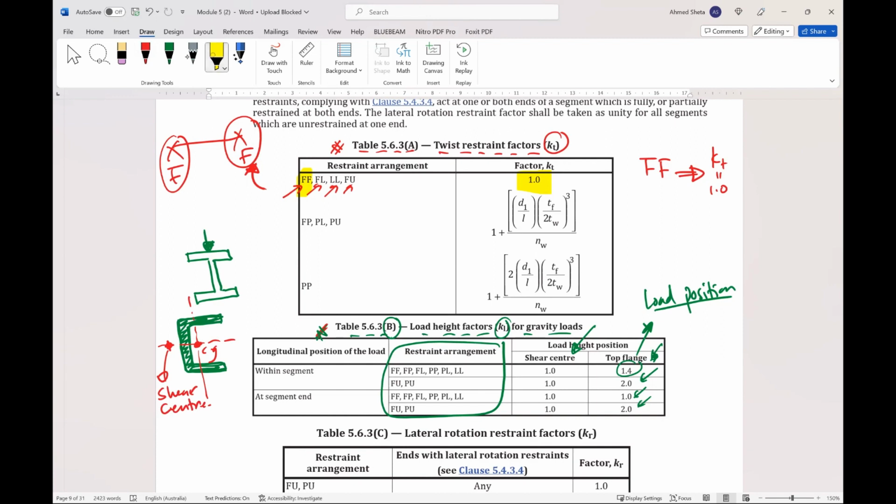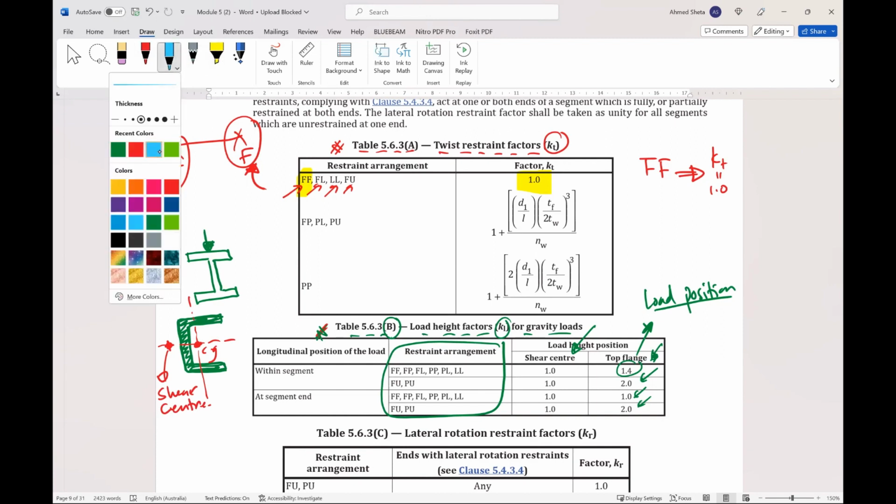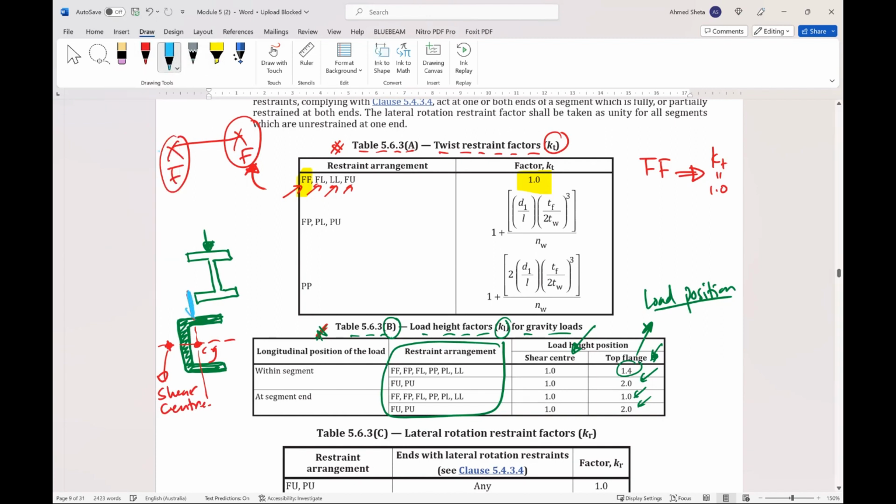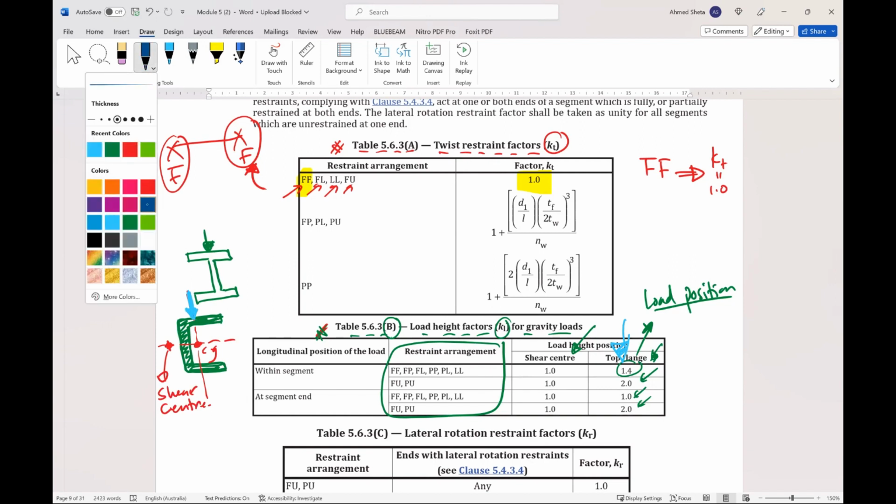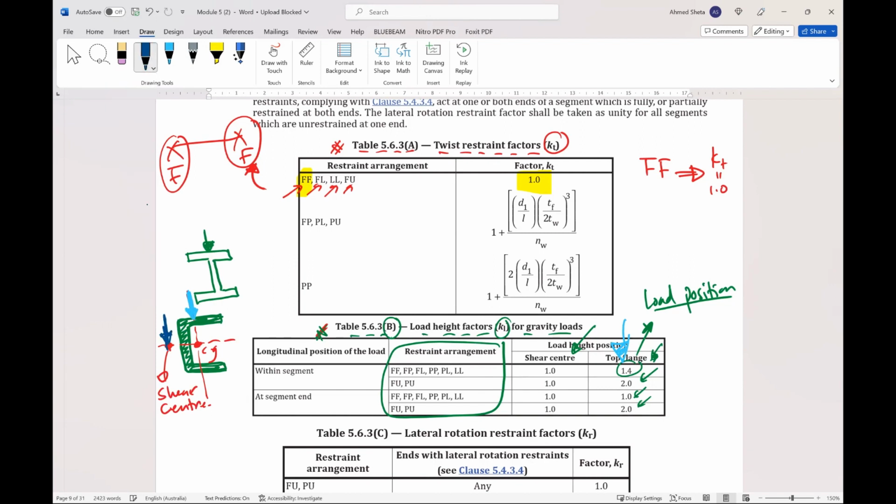So if the load is applied on the top flange, you can take the value from here. If the load is applied at the shear center, you can take the value as 1. So this is an explanation of the value of KL.